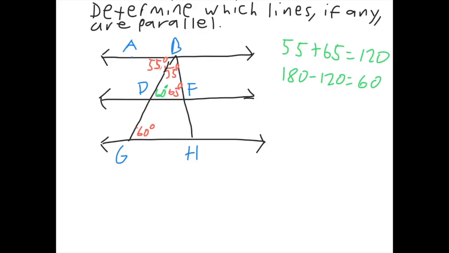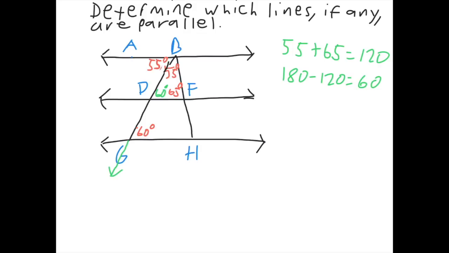Well, we now notice that this angle is 60 degrees, and this is also 60 degrees. So those two are congruent, which means we might be able to use those to prove that two lines are parallel. It's always good to extend your lines out a little bit, so let's extend this line out just a bit.